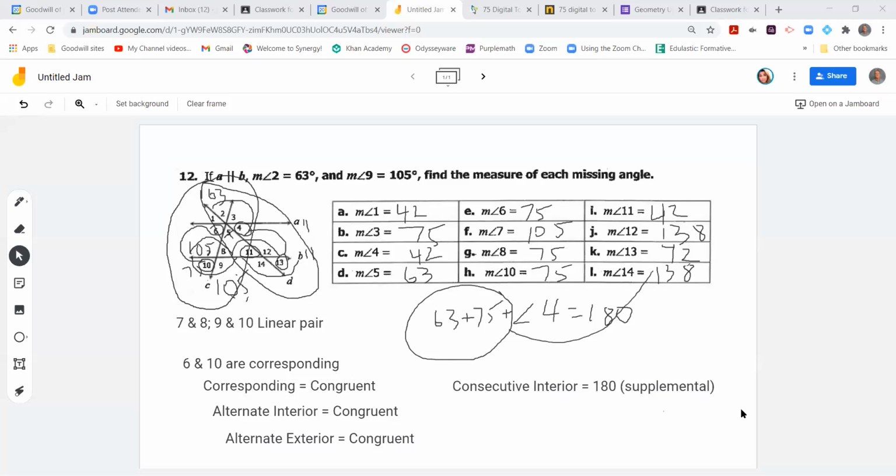Guys, you can't do this just by trying to remember all this stuff. You should be writing this down as we're talking about it. Consecutive interior. Consecutive interior equals 180.